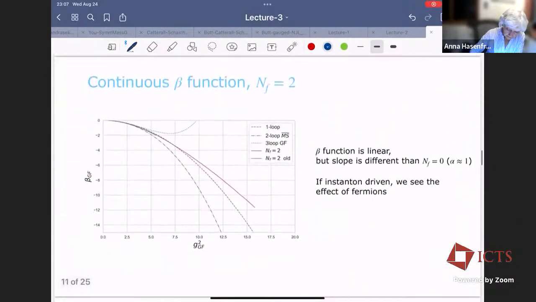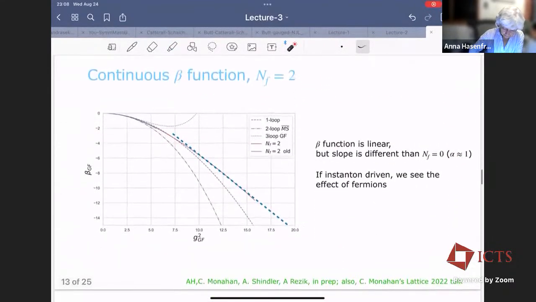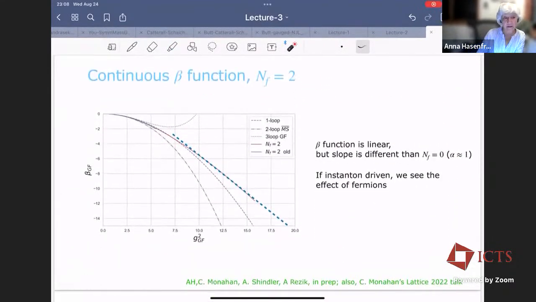I have results, in fact fairly new results, with 2 flavors. So now we have fermions. You might not see it very clearly, but we have a beta function here, this red line, that surprisingly, again, looks linear.